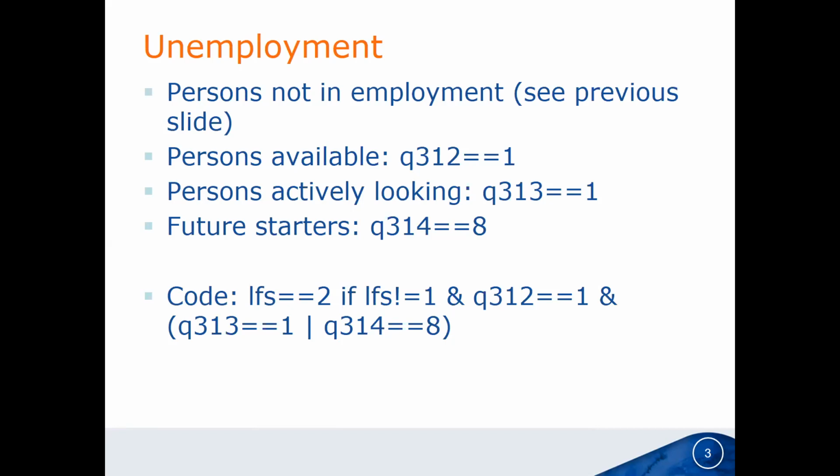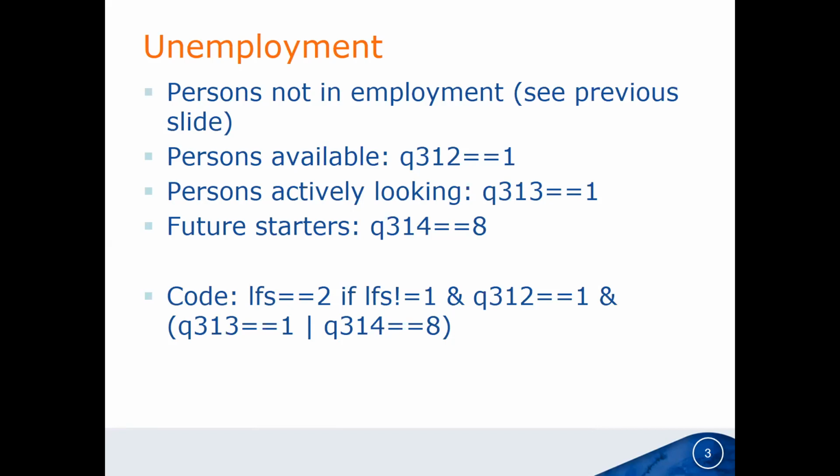That's why you have this exclamation point and equal, not equal to 1. I want to ensure that anyone classified in unemployment is not in employment. That's crucial because of the priority rule. If you are in employment, you cannot be classified into unemployment. So LFS should not be equal to 1 as the first criteria.